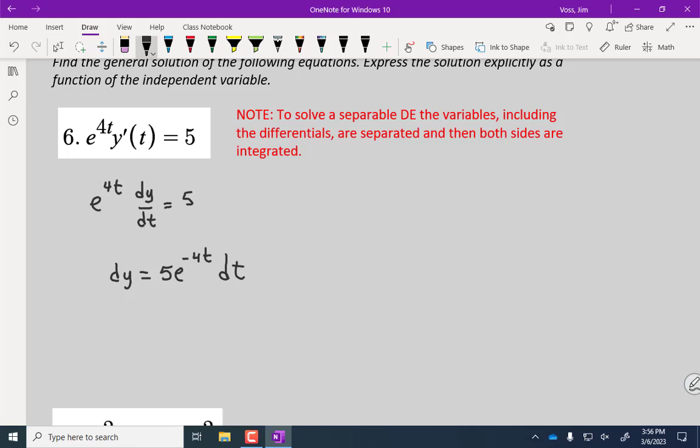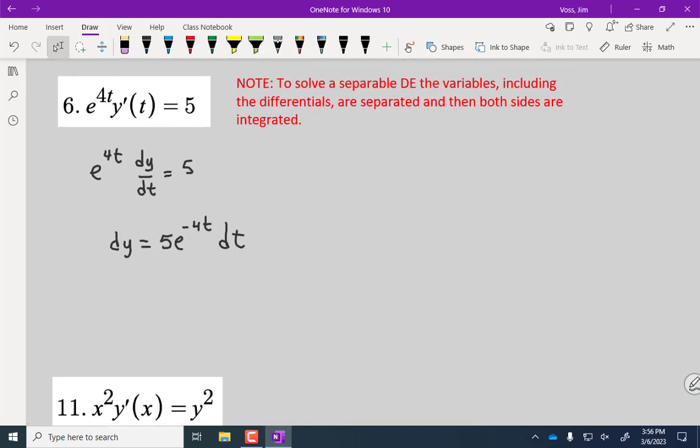If you divided both sides by e to the 4t, you'd have it in the denominator, and then it can pop to the numerator by changing the exponent. Dividing, magic tunnel, whatever works. Anything that goes through the magic tunnel becomes its reciprocal. You can think of it either way.